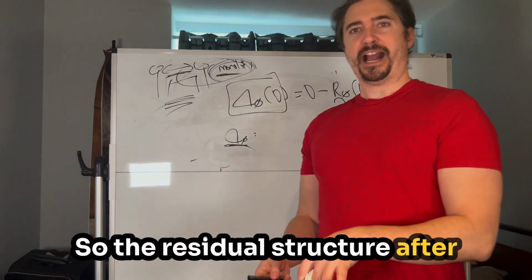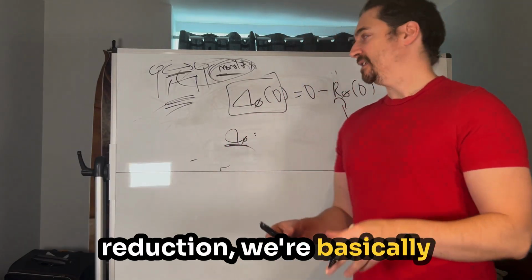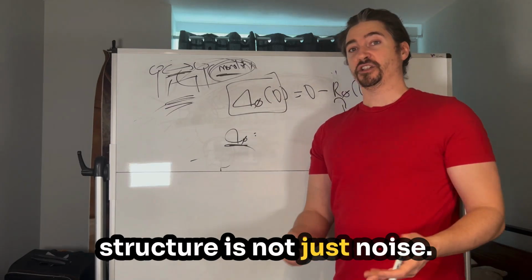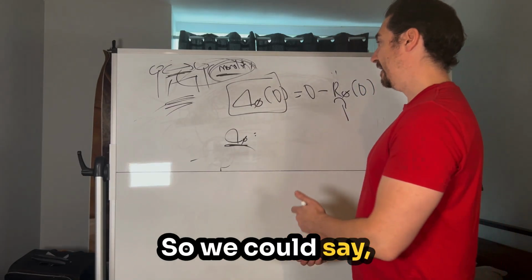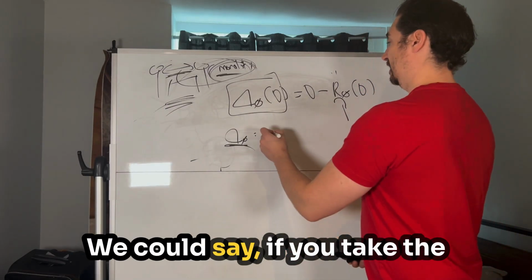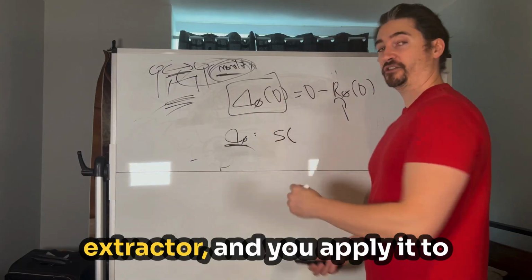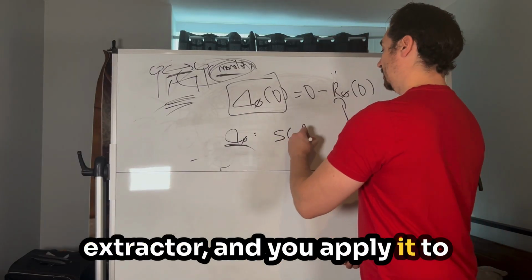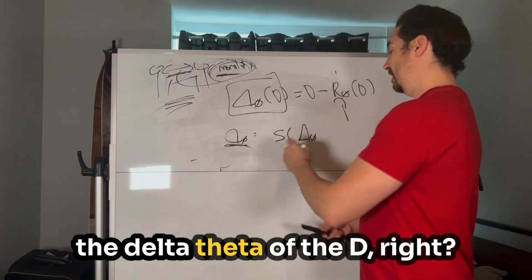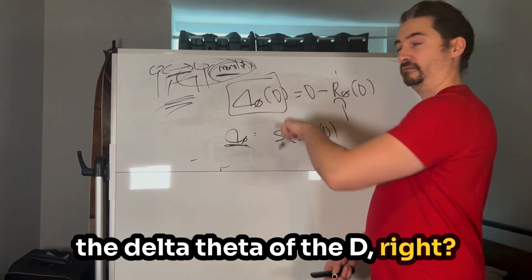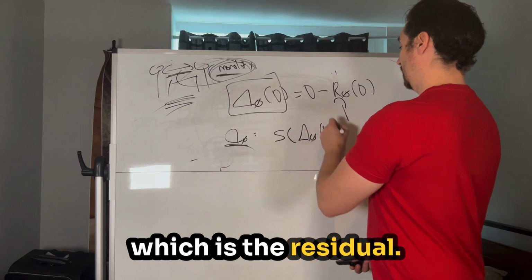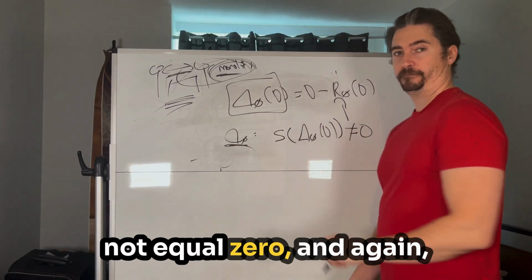So the residual structure after reduction, we're basically saying that the residual structure is not just noise, right? So we could re-express this: if you take the structure, remember that structure extractor, and you apply it to the delta theta of the D, which is the residual, we're saying that that does not equal 0.